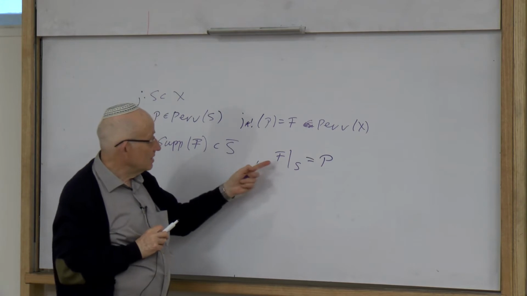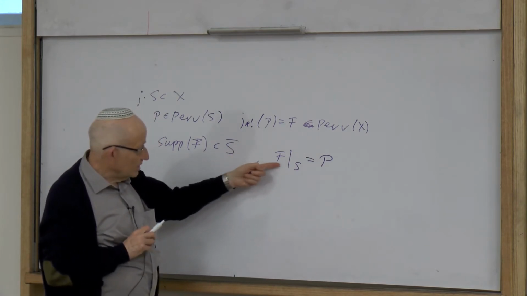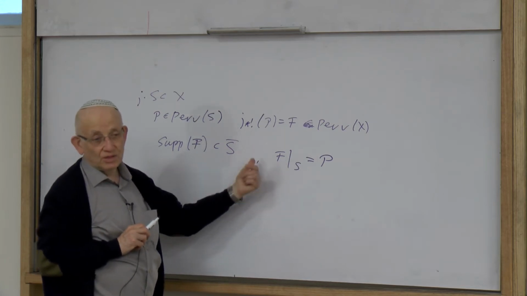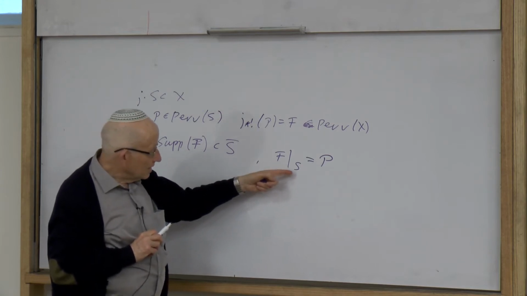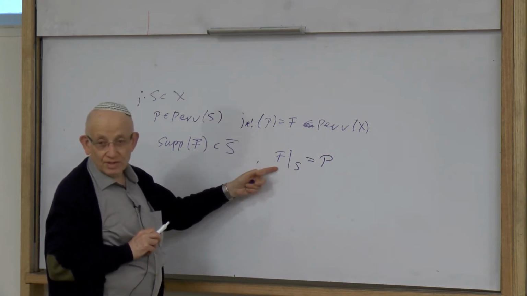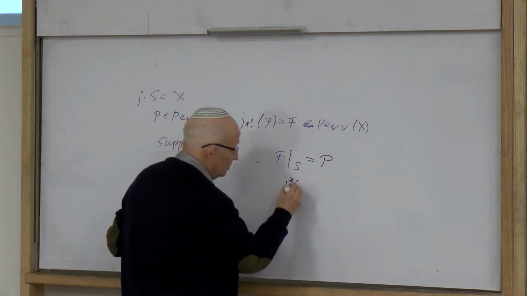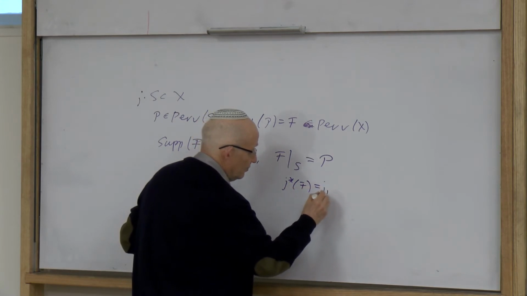For general F there is no notion of F restricted to S, because there are different restrictions. But if I know that S is open in the support of F, then it's easy to see that J star of F will be equal to J sheaf of F.